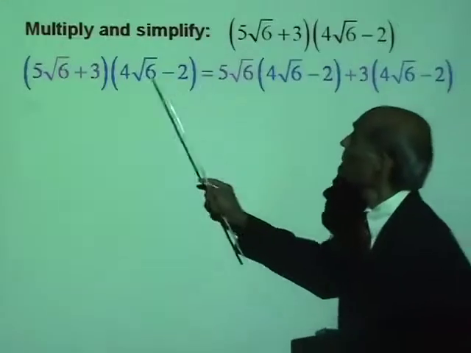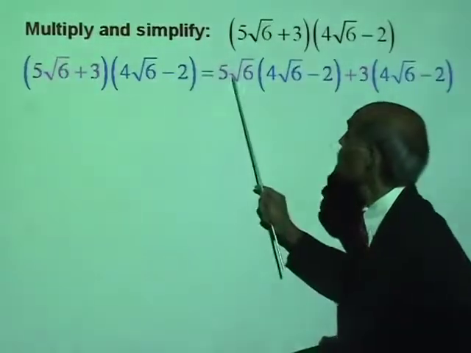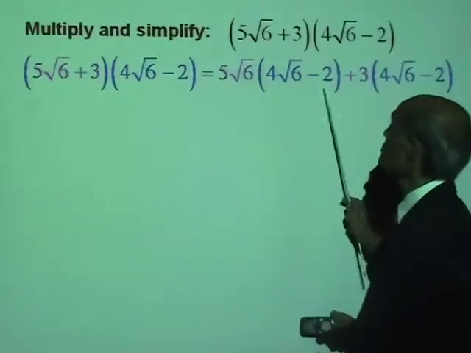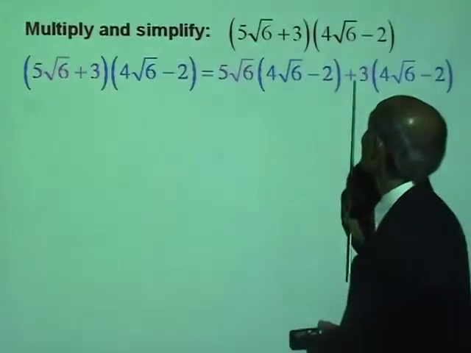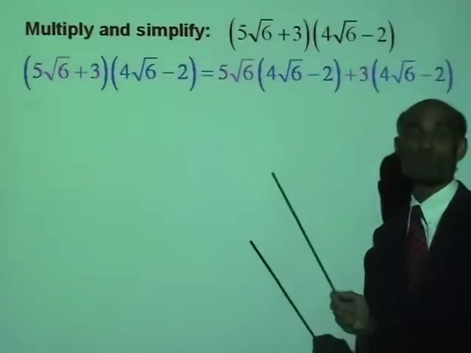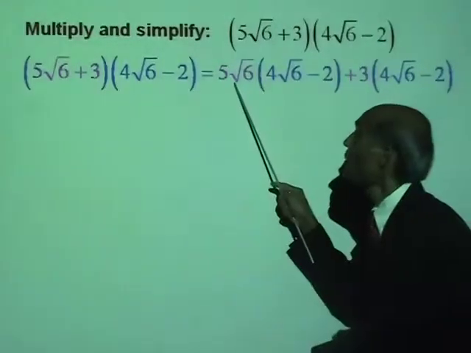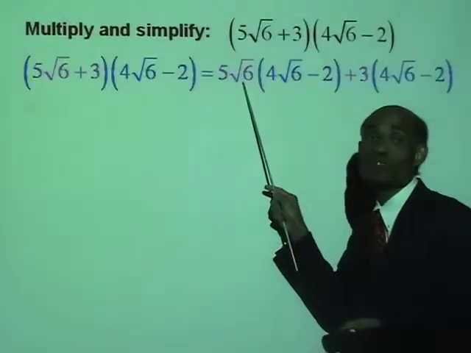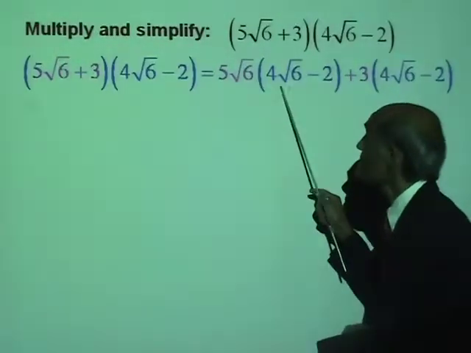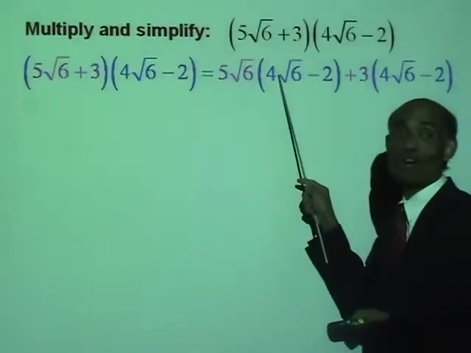And that will be 5 square root 6 times 4 square root 6 minus 2, plus 3 times 4 square root 6 minus 2. Alright, now let's multiply with 5 square root 6. That will be 5 square root 6 times 4 square root 6.